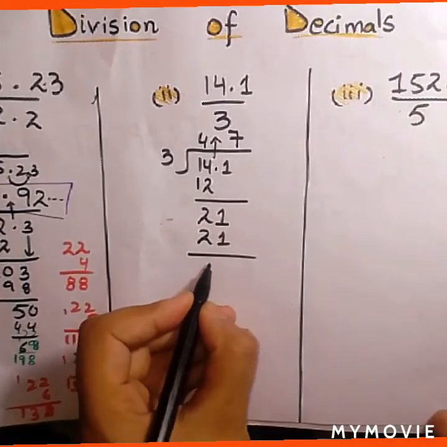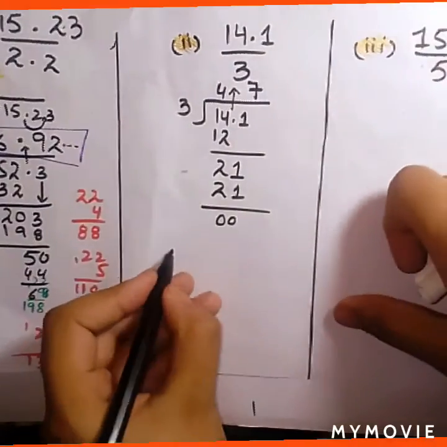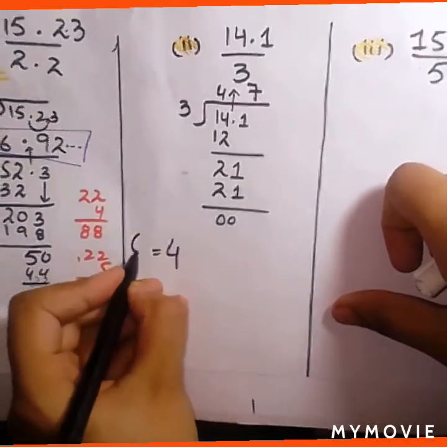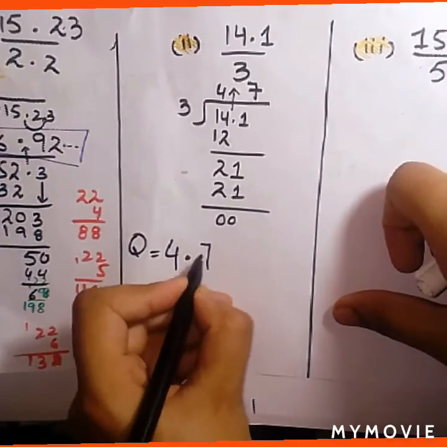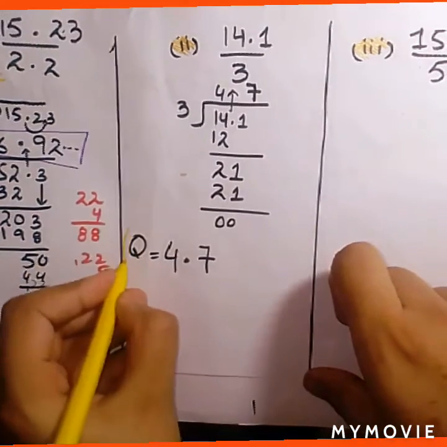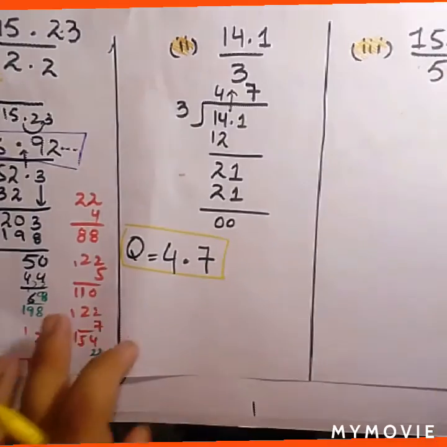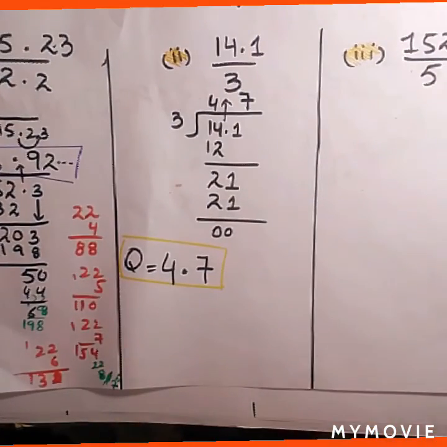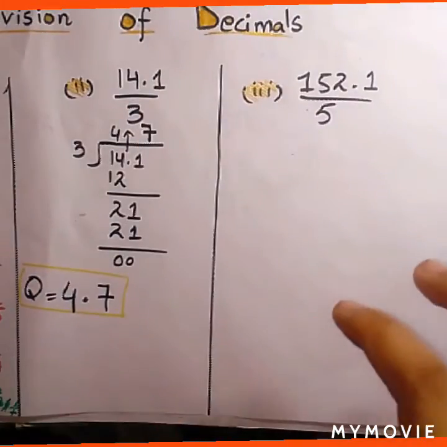The remainder is 0, and our answer is 4.7 as our quotient, and we did it by simple division. Mark it as your answer.